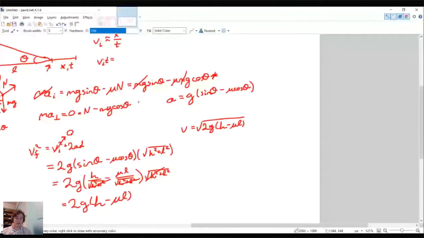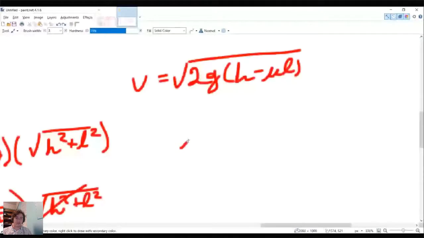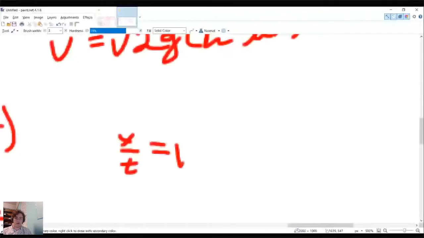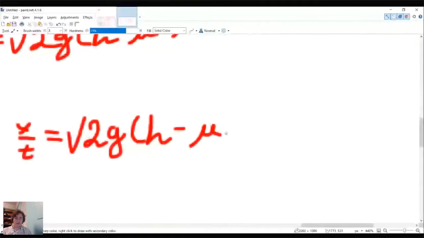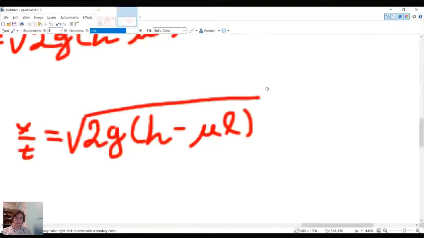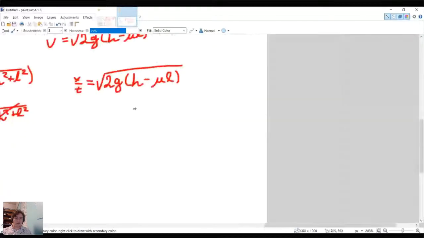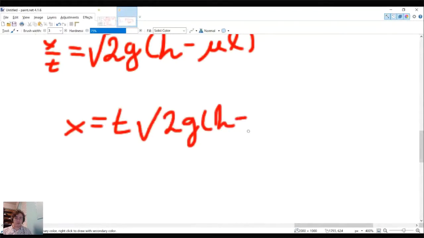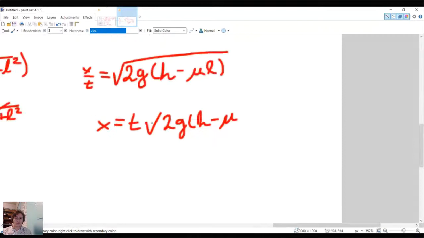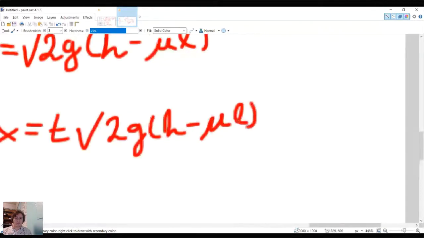So we get x over t is equal to square root of 2g times h minus mu L. So now we have x is equal to time times square root of 2g times h minus mu L.